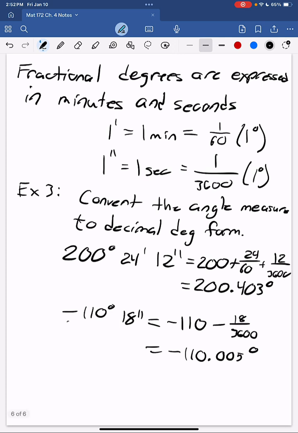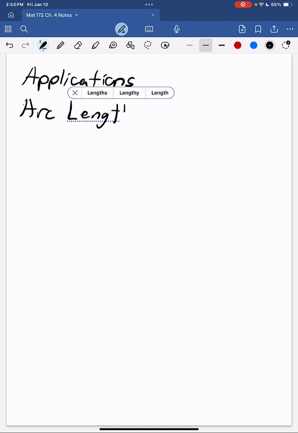The last thing I want to talk about in this section is a couple of applications. The biggest application, since we are talking about circles, is arc length. Being able to identify and find the arc length is an important concept.